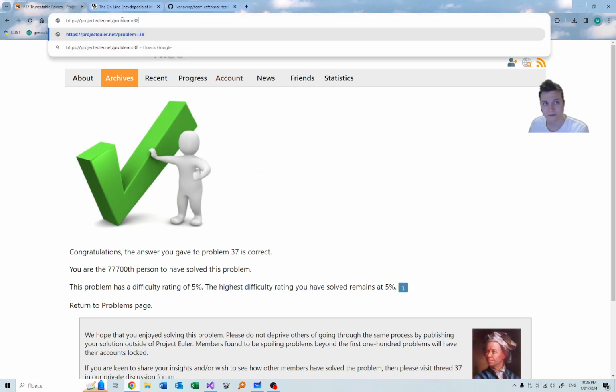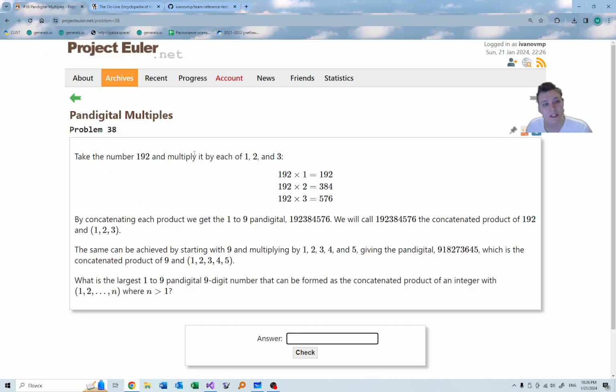Okay, let's go on. So we take number 192, and we see that its multiples cover all digits. And this number is called the concatenated product.